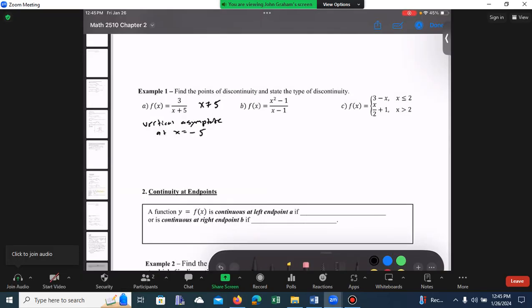And so we have an infinite discontinuity. We call it infinite because both sides of the graph are going to infinity, or negative infinity in the other case.